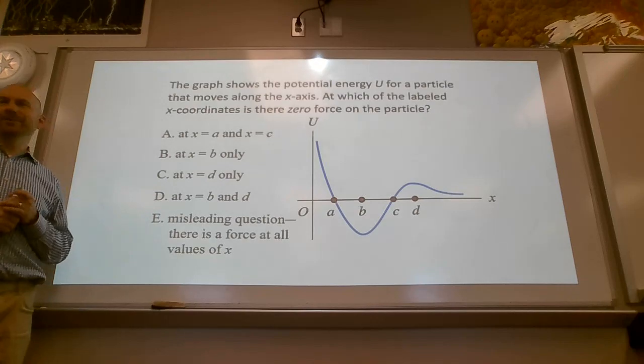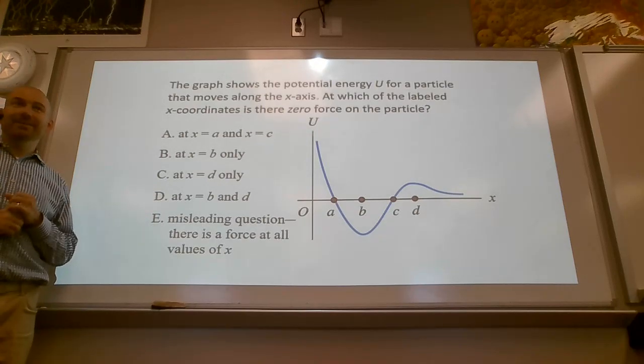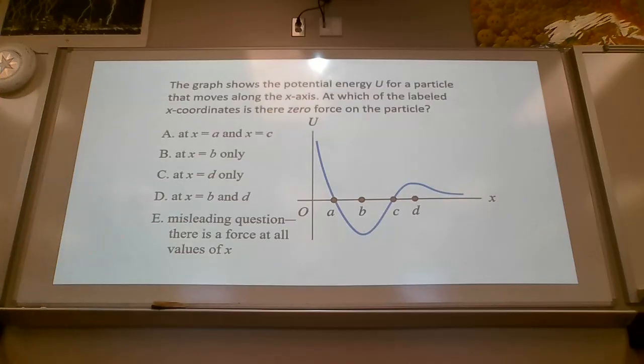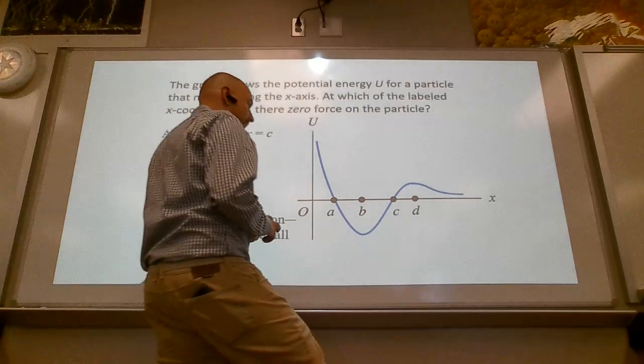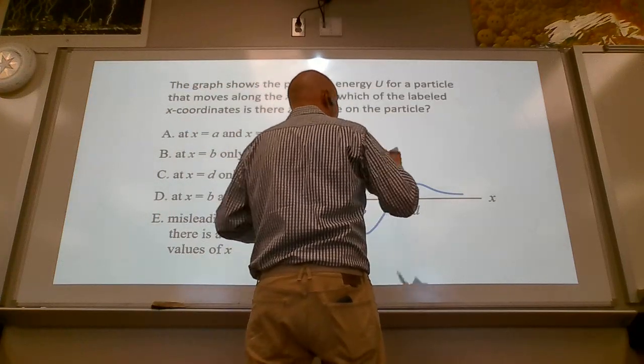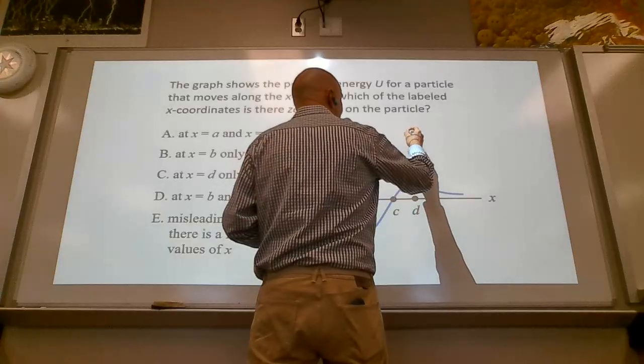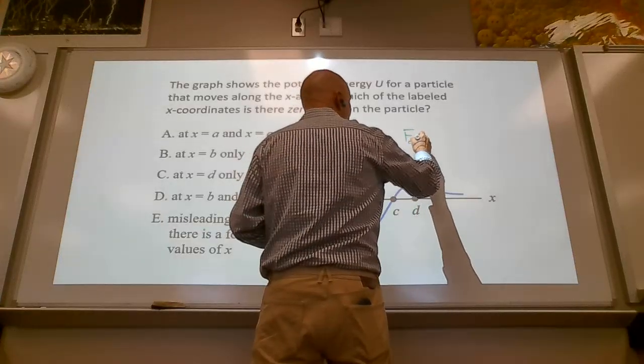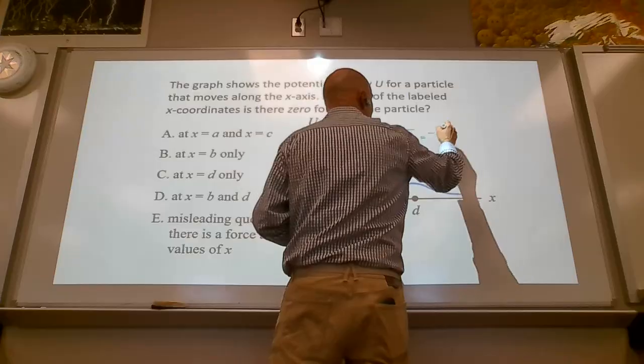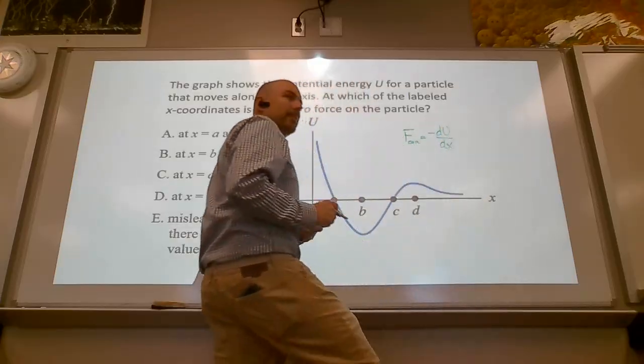The slope is 0. Not like this. Good? Somehow we gain mechanical energy. Say what? Yep, totally can. So, we know that the conservative force is equal to the negative slope.